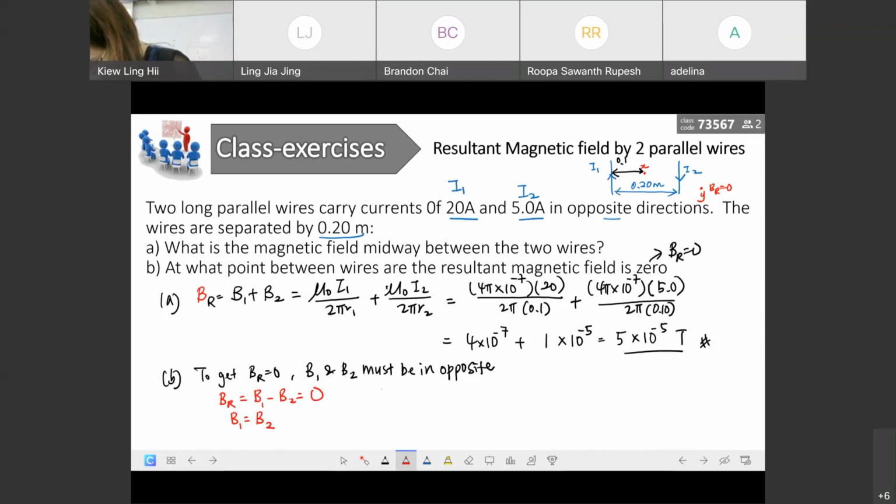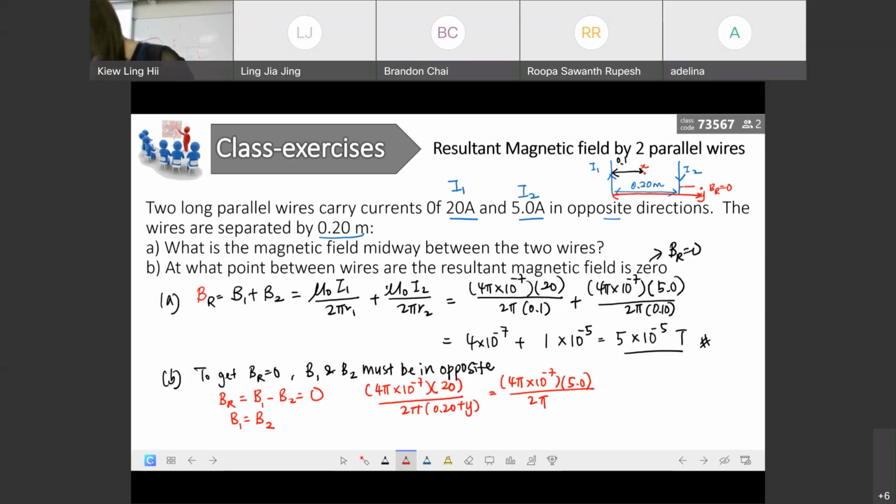B1 now is mu naught over 4 pi times 10 to the power of negative 7, times 20, over 2 pi. The distance between I1 and the point is 0.2 plus Y, equals 4 pi times 10 to the power of negative 7, times 5, over 2 pi.